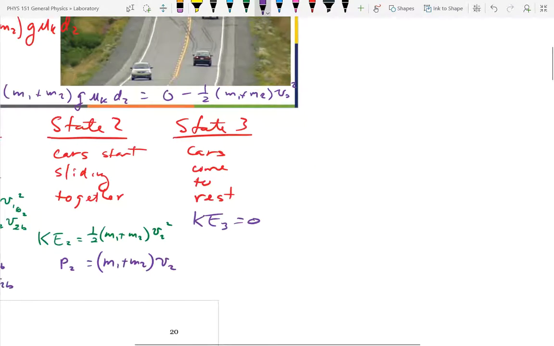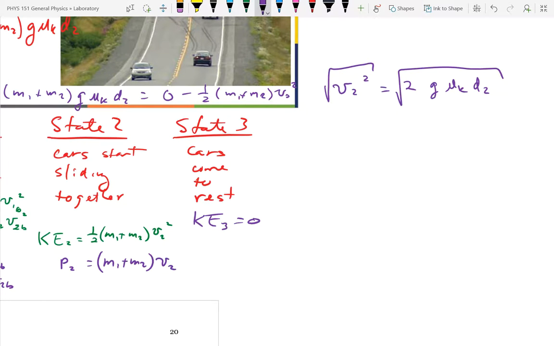Just multiply both sides by 2 and divide by M1 plus M2. And so square root both sides, and I have the speed that both cars were traveling after the collision.